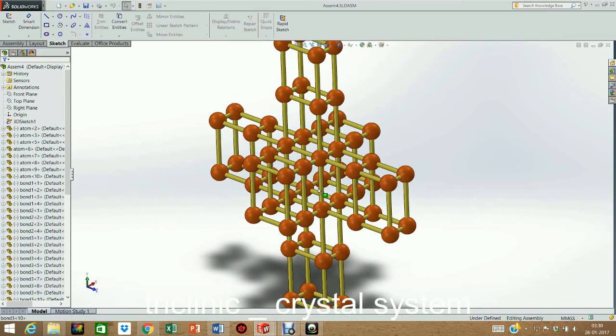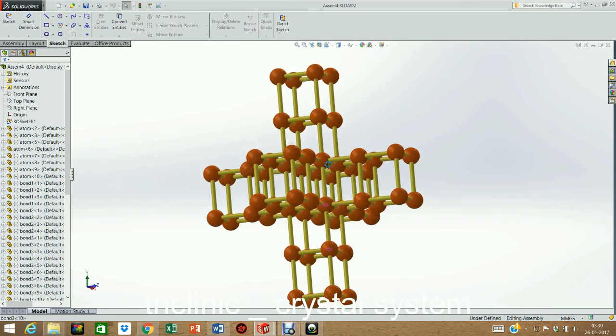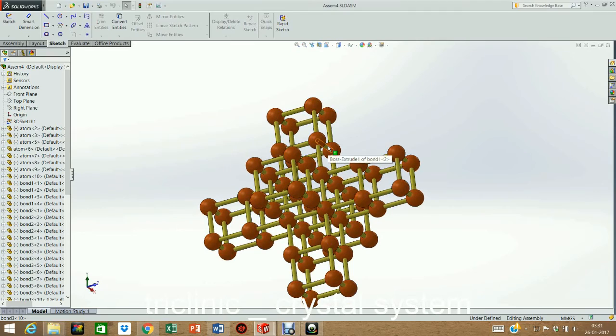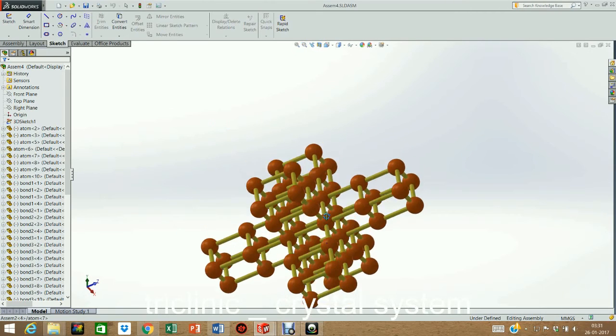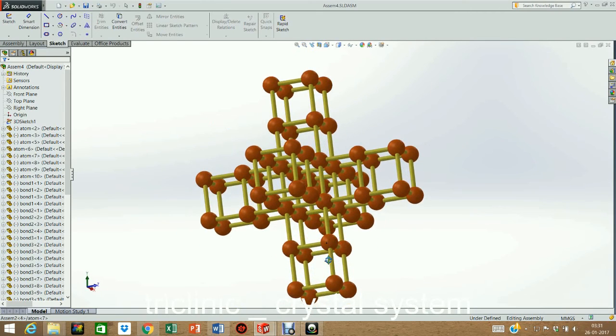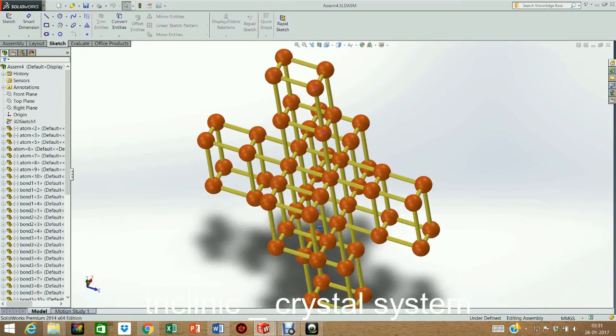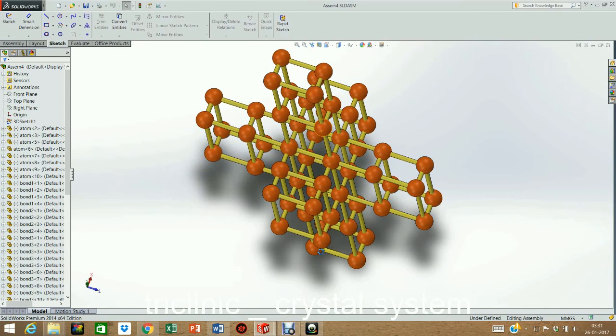It has very few examples compared to other crystal systems, but there are two examples which are very familiar to all: potassium dichromate and boric acid. They both exhibit triclinic lattices, which are not in this manner, because this is a simple way to represent.